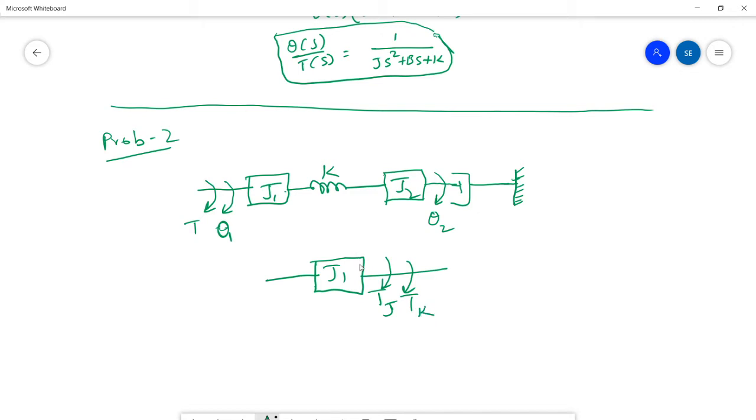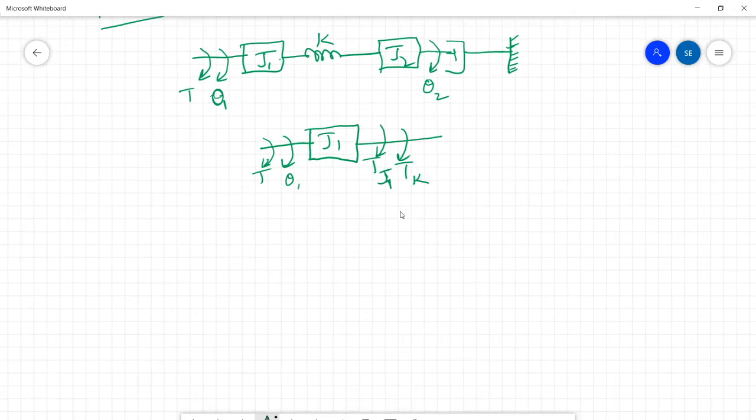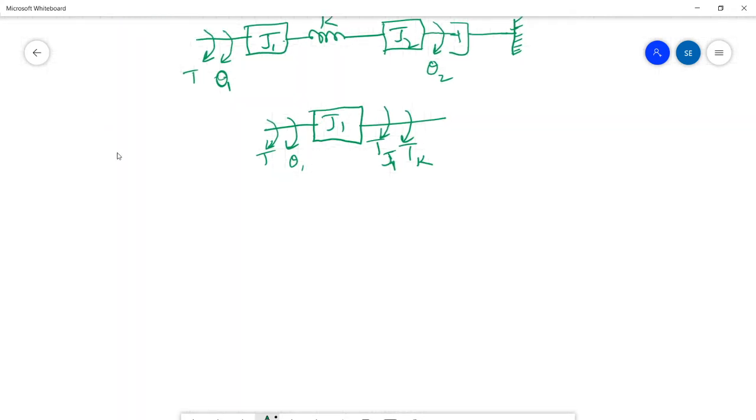I think only two torques, Tj1 and Tk. The external torque is T, with displacement theta 1, right? So we have to represent all the individual torques in terms of angular displacement, right? So what are the torques here?